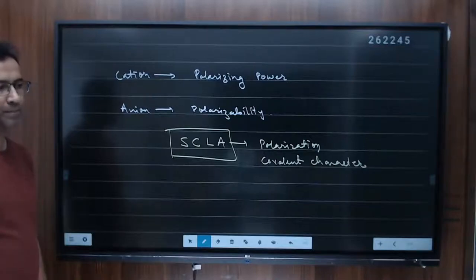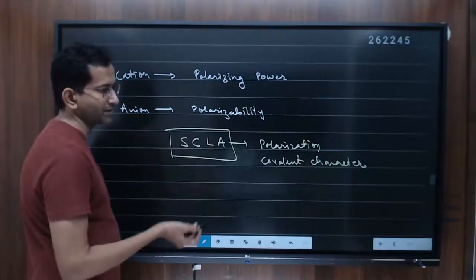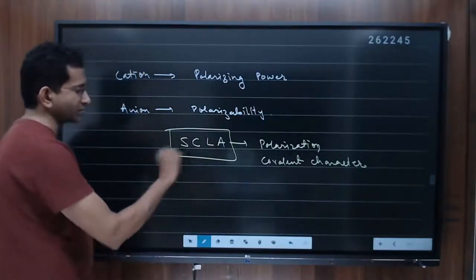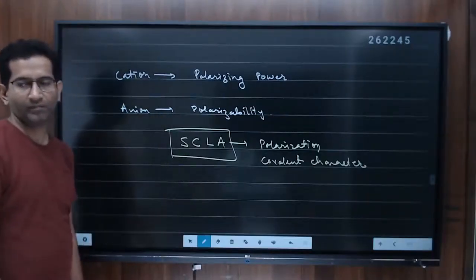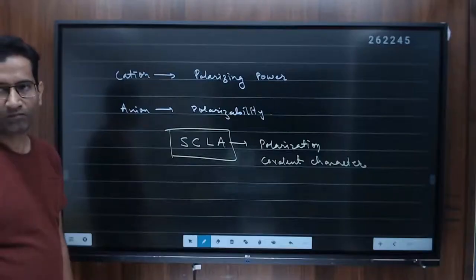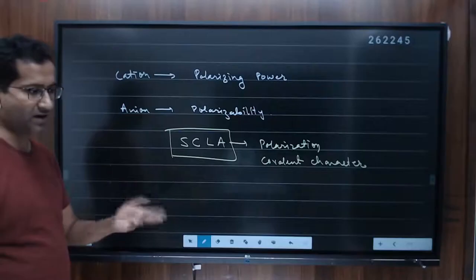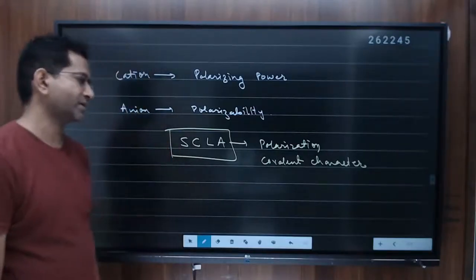If you have to compare with cation, you will focus on small cation, and if you have to compare with anion, you will focus on large anion. That's it. You will focus on this SCLA: small cation, large anion. If you focus on this, you can easily understand this.